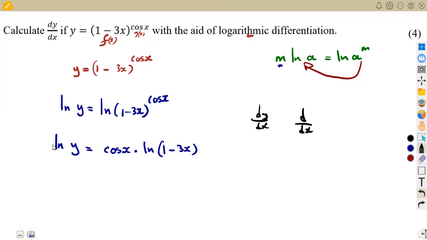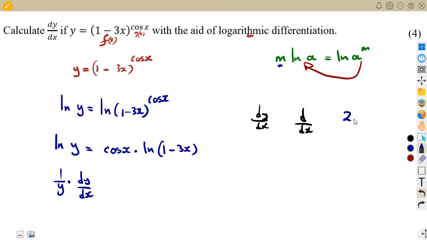All right, remember from our implicit functions here, we've got ln of y, meaning to say we can't determine dy/dx direct. We are going to find the derivative of ln, which is 1 over y in this case. All right, remember the derivative of ln y is going to be 1 over y multiplied to the derivative of y with respect to x. So that's how we use this in our implicit function.